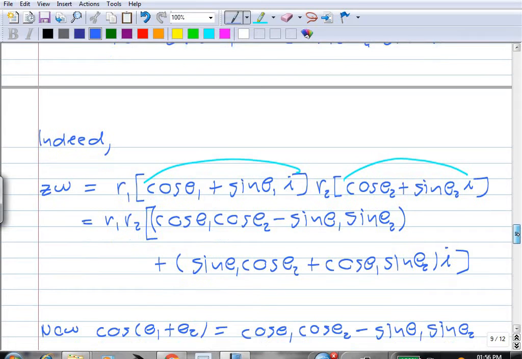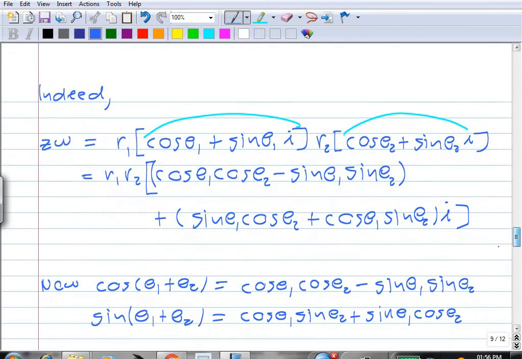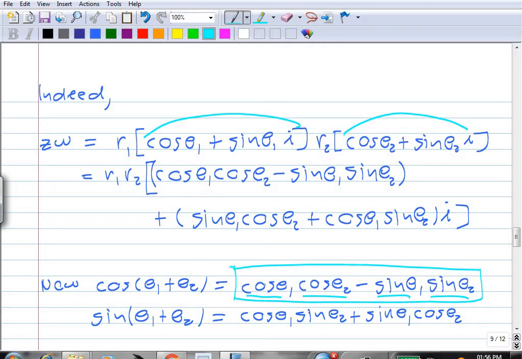Right, and now remember, what are the addition formulas for cosine and sine? cos(theta 1 + theta 2) is cos theta 1 cos theta 2 minus sin theta 1 sin theta 2. And that's exactly what we have there in the real part of z times w.